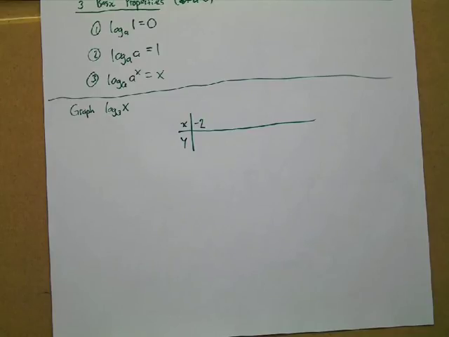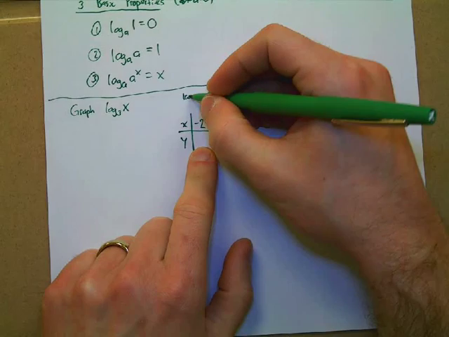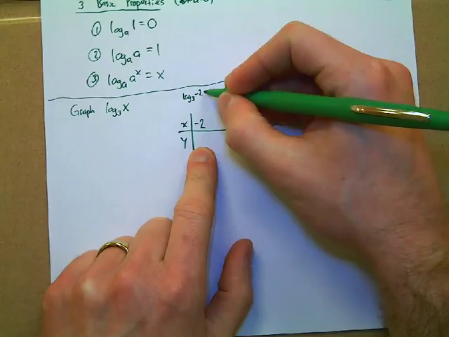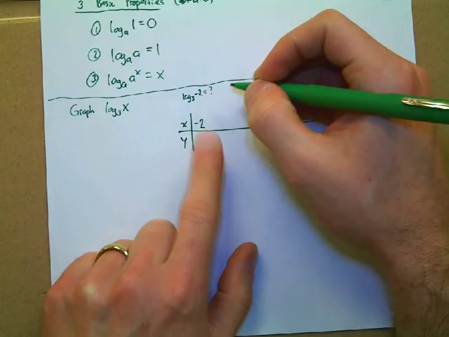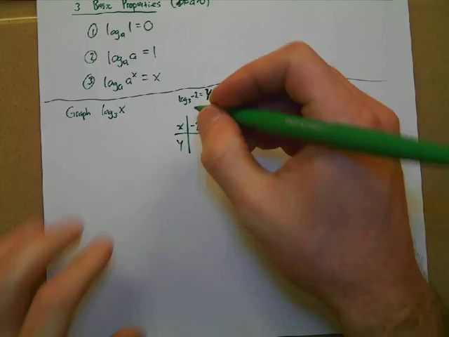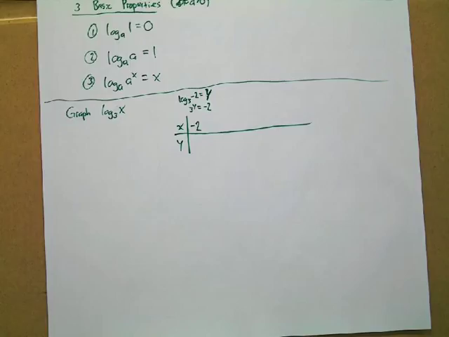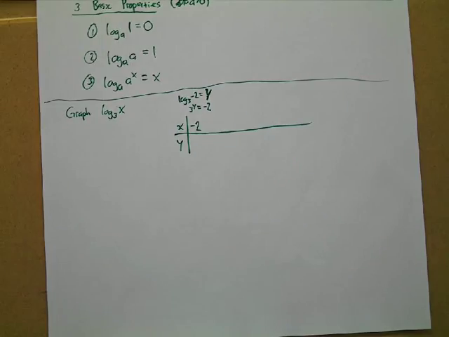Okay, log base 3 of -2 equals y, which means if I rewrite that in exponential form, I'll have 3 to the y equals -2. Is there any power that I can raise 3 to and get a -2? Is it possible to take a positive number, raise it to some power, and end up with a negative answer? The answer is no, impossible. And so we don't want to use any negative x values, right?